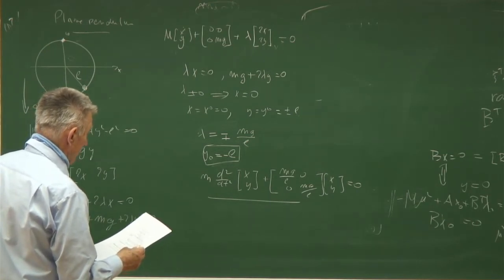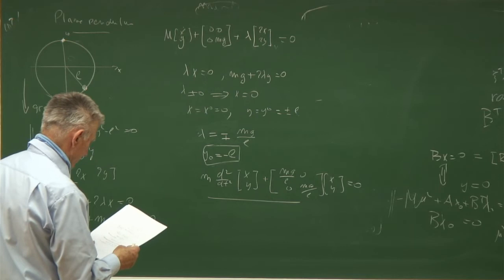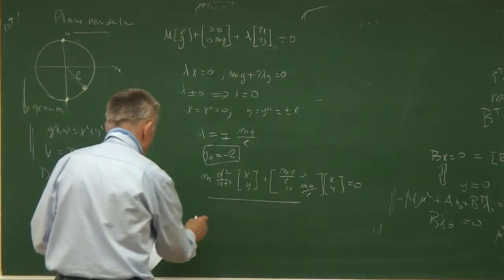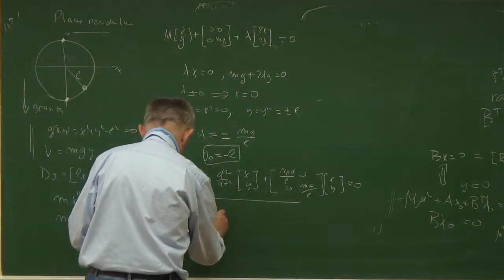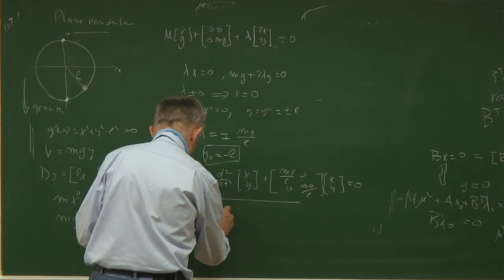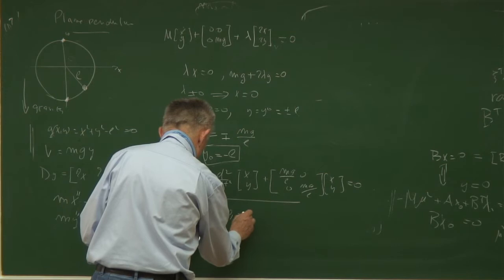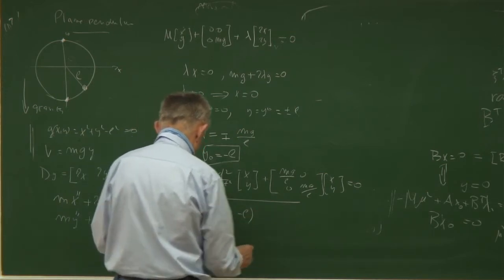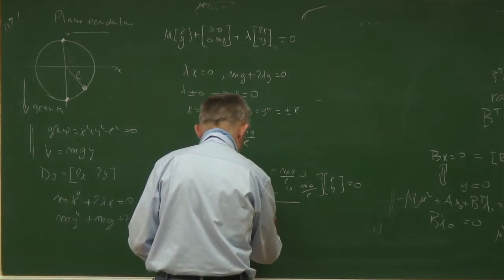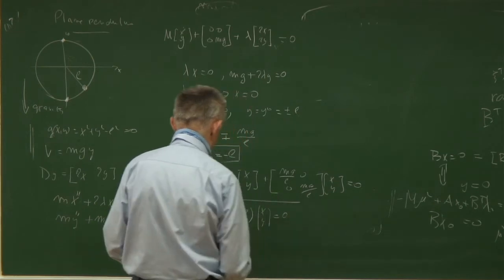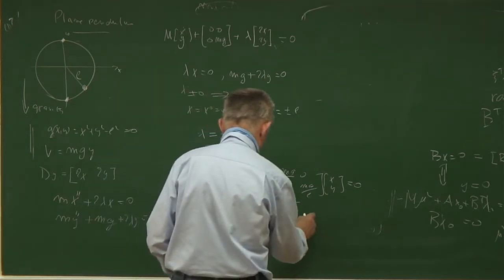The condition between x and y: d2 g on the point 0 minus L has to be 0. That means x is 0.